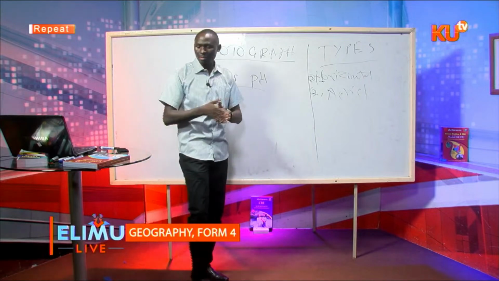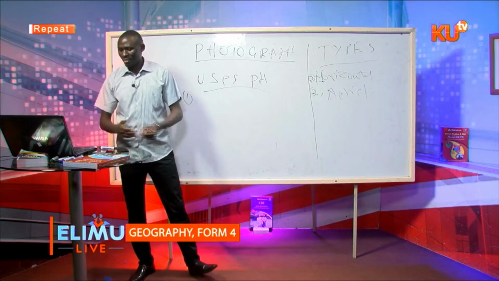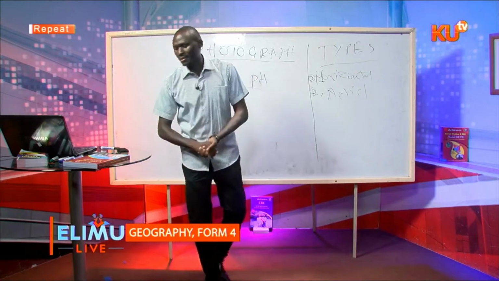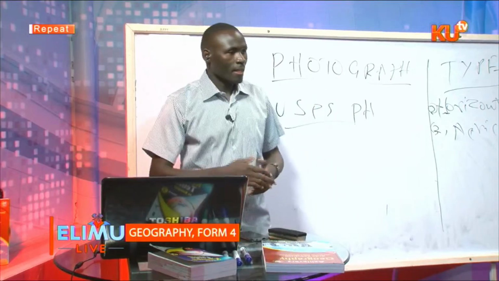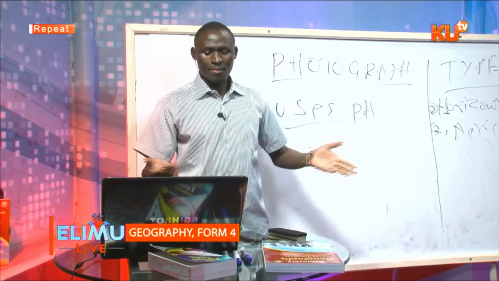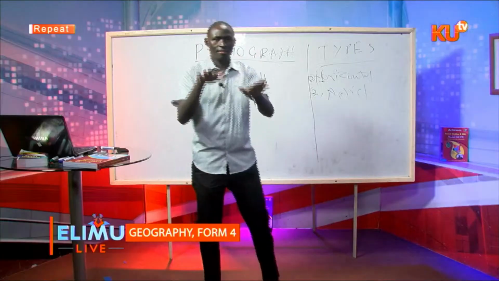It can also be used to interpret the flat land, the swamps, the oxbow lakes, the icebergs. We can also see the lakes, the rivers, and all this tells us about the relief features.